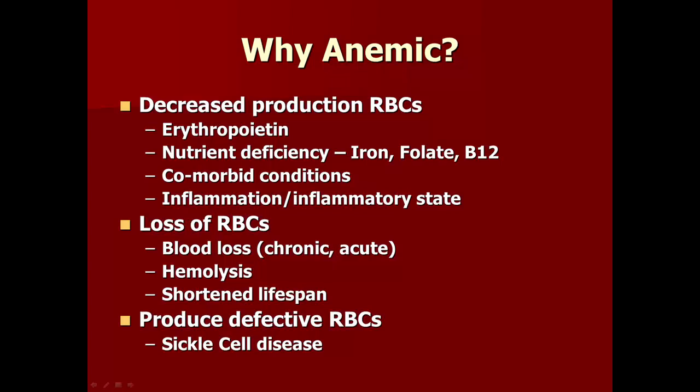When individuals have failing kidneys, as they become increasingly uremic, their anemia tends to worsen. Now, part of that is because their kidneys aren't producing the erythropoietin, so it's a decreased production, but the other side of that is that the uremic environment shortens the red blood cell lifespan.